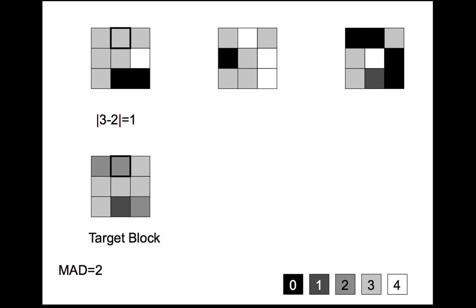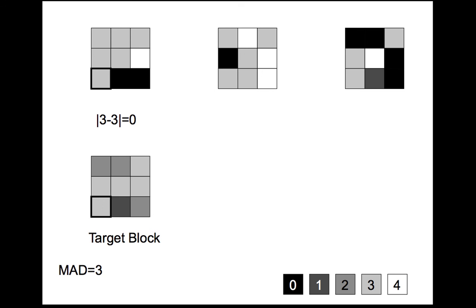The difference between this pixel and this pixel, according to this, is 0. They look different to me, but I think that's just an optical illusion. Between this one and this one, 3 minus 3 is 0. 3 minus 3 is 0. Between this one and this one, we've got 4 minus 3 is 1.